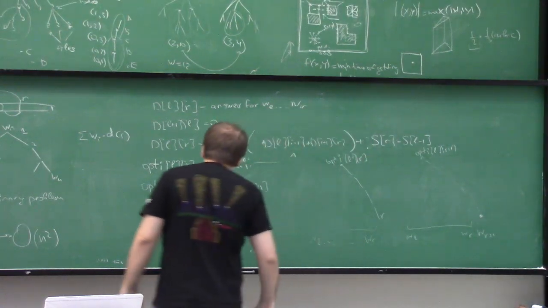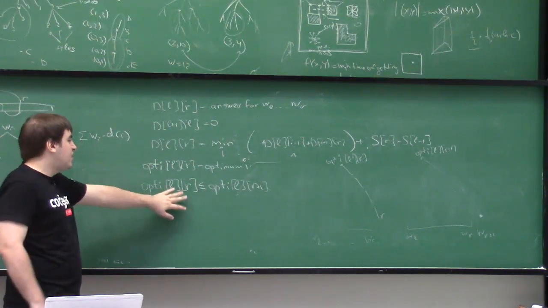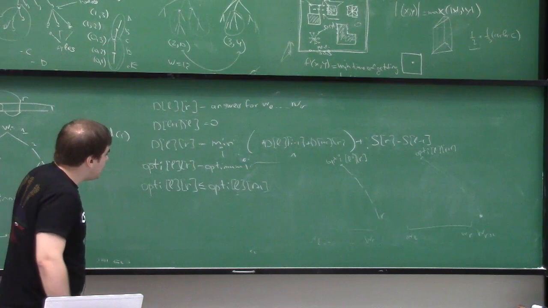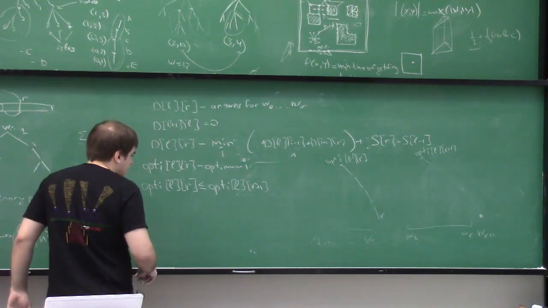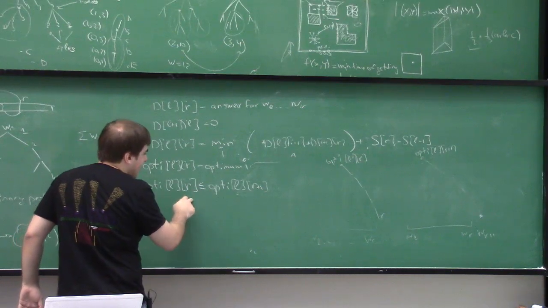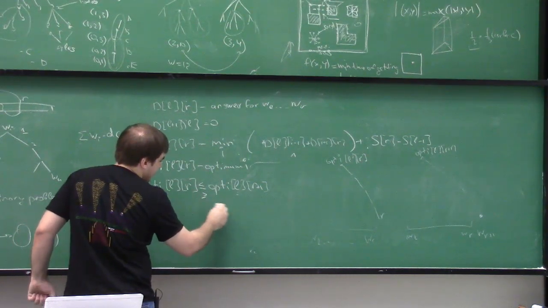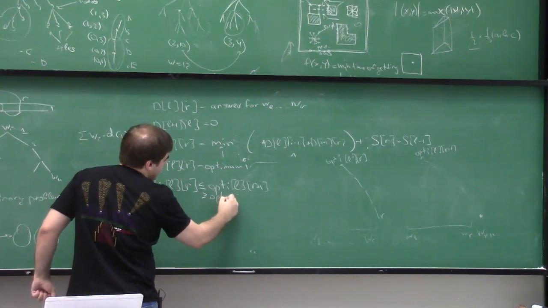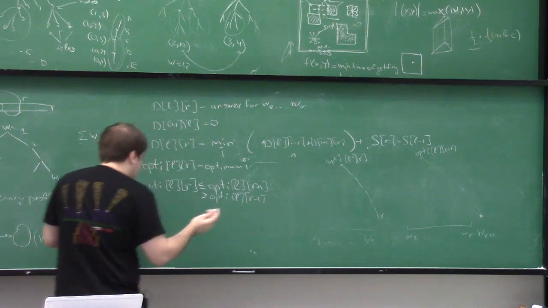So, okay, suppose that we know this fact, and due to the symmetry we also know the following fact, that opt_i(L,R) is smaller or equal than this. It is larger or equal to opt_i(L,R-1).